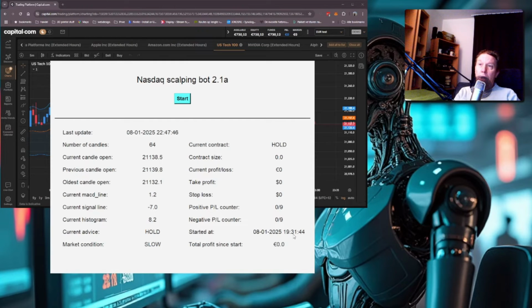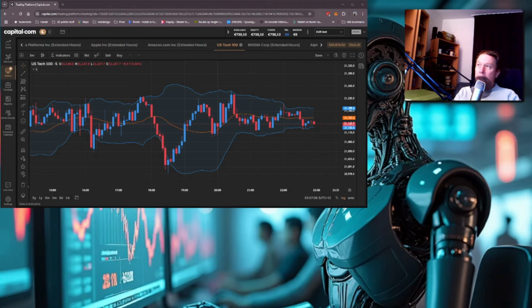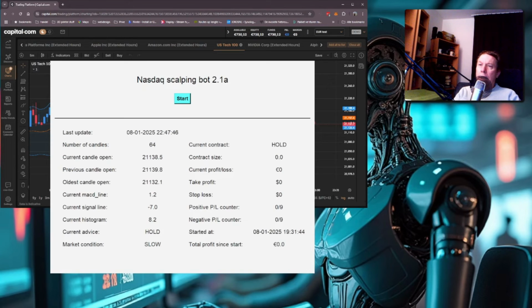And if we look at the refreshed screen, let's take away the bot, then you actually see that we had some nice downs and ups, but the bot did not pick it up because of the MACD. Back to the bot.